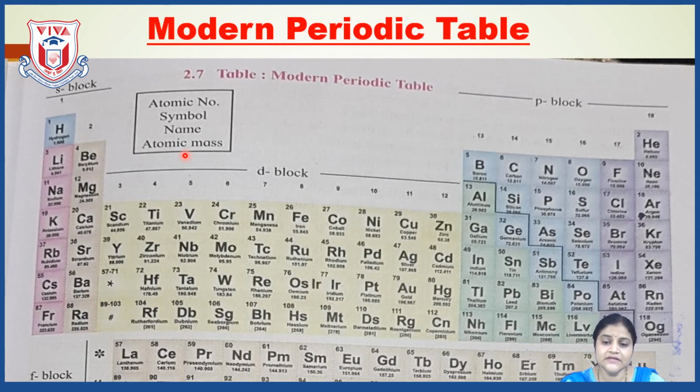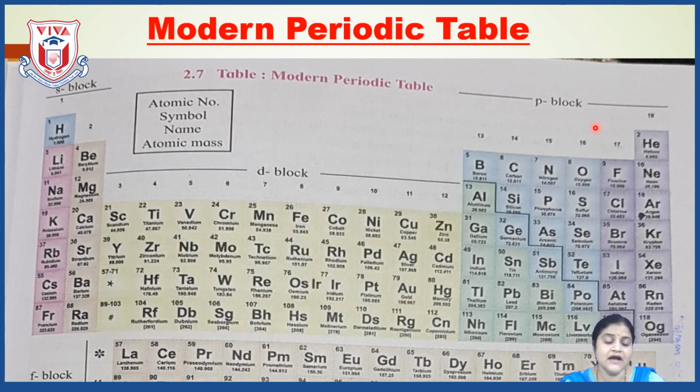Here if you see the elements, hydrogen, and after that directly helium, so we can see the increasing order of atomic numbers. He made his law that the physical and chemical properties of the elements are periodic functions of their atomic numbers.